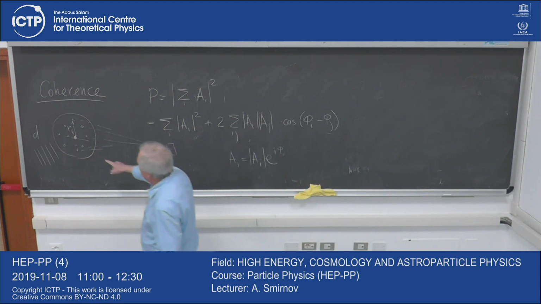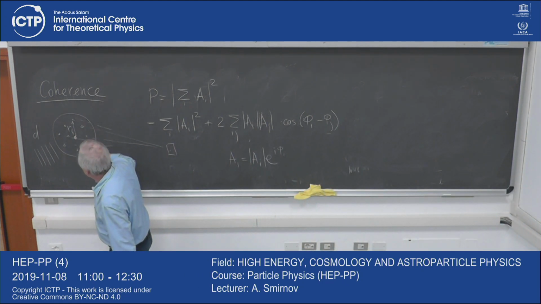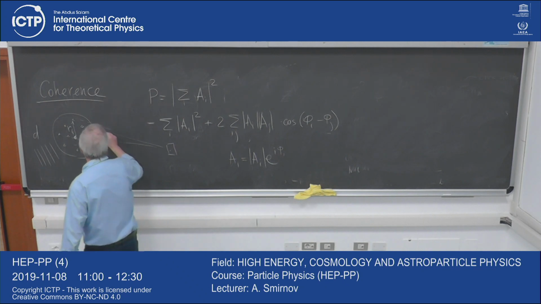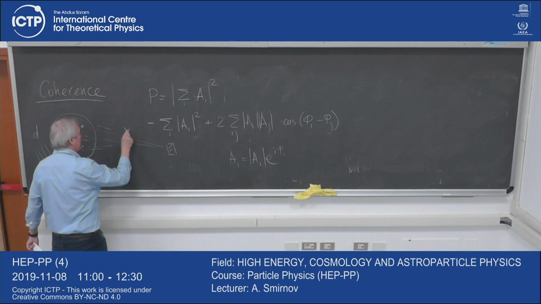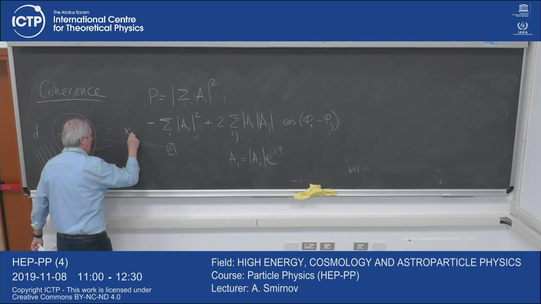Now, these R describe coordinates inside the body, and the distance from a given element to our detector, let me denote it as x_i.